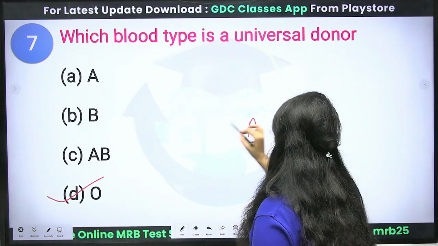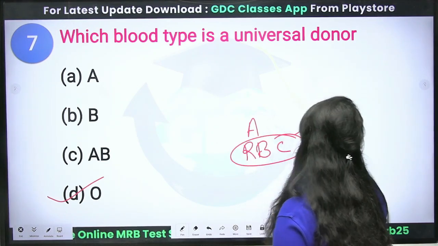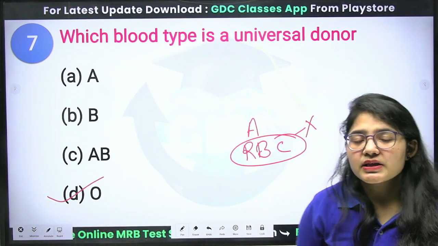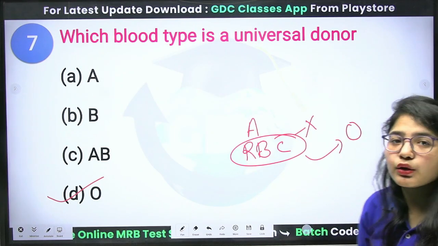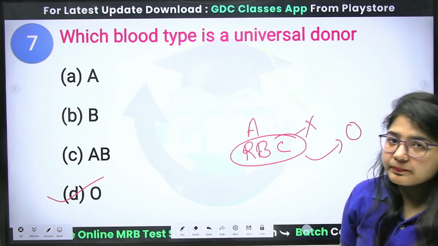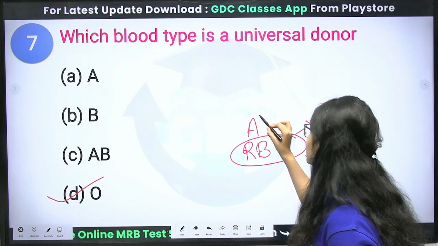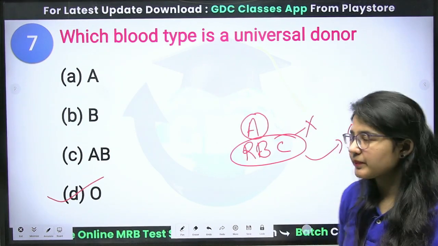Your RBC contains no antigen over the surface, then your blood group is represented as O. Now, how is it the universal donor? See, if this person has a blood group, that means the antigen is A.